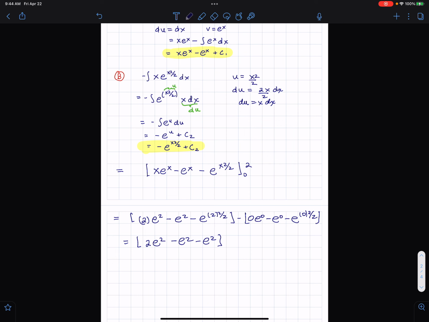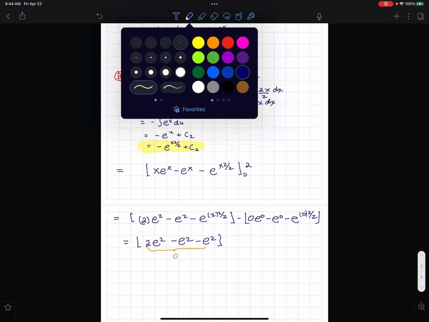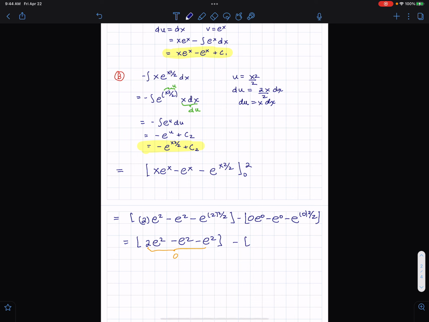So, interestingly enough, the plot thickens. This becomes 0: 2e squared minus e squared minus e squared, that's 0. Then we have 0 times e to the 0, that's just 0. And then e to the 0 is 1, e to the 0 is 1, so we have minus 1, minus 1.